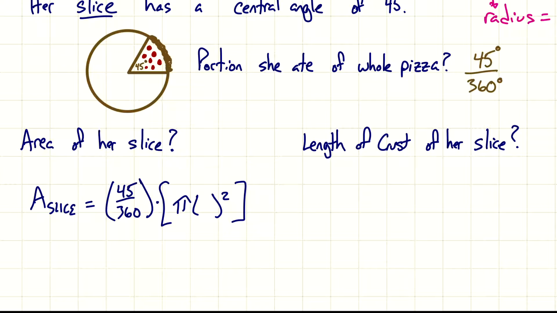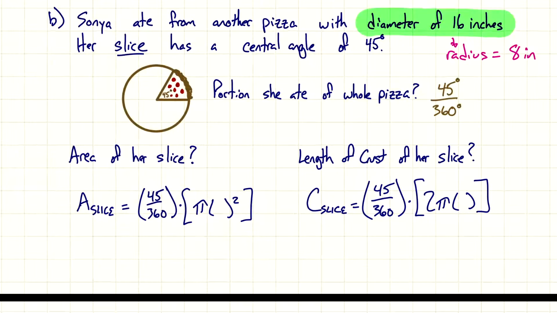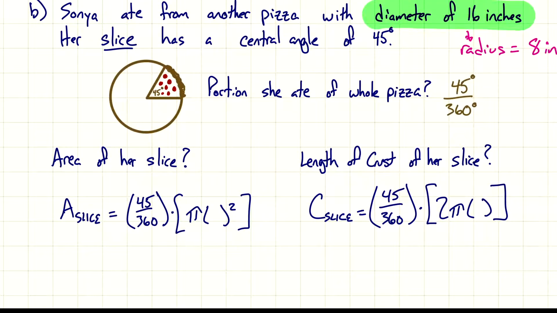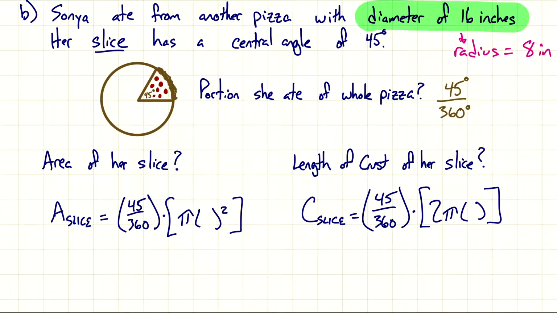And then the crust of the slice is also going to be 45 out of 360 times 2 pi r. All right, that's pretty much how you would set up this problem. Now all you have to do is plug in our radius, which we said was 8, to both of these.